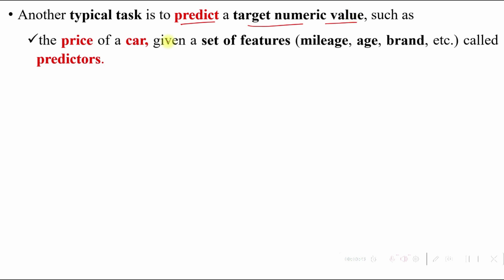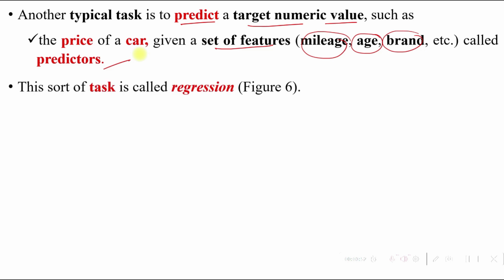Another typical task is to predict a target numeric value, like the price of a car, given a set of features like mileage of the car, age of the car, brand of the car, called predictors. This sort of task is called regression.